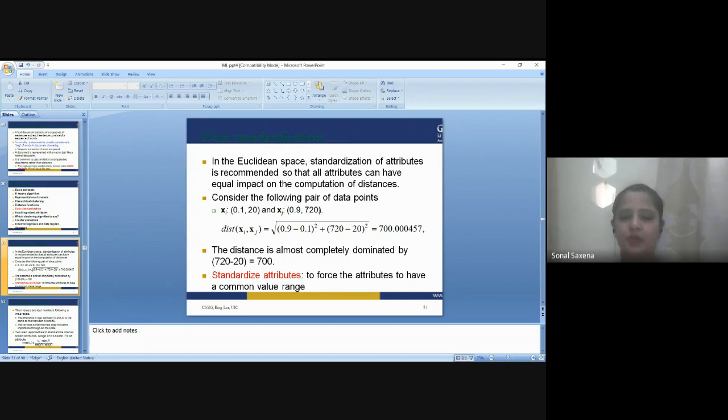Then we take 720 minus 20, which is 700, and square it. The distance is almost completely dominated by this second term. As you can see, one is dominating. It is too large, while the other difference is just in fractional values. Standardized attributes are forced to have a common value range.